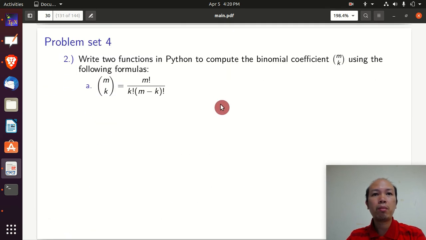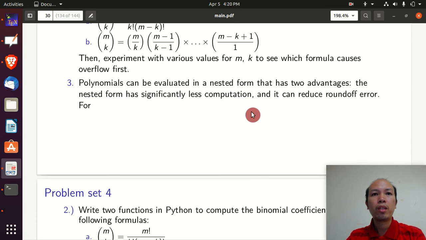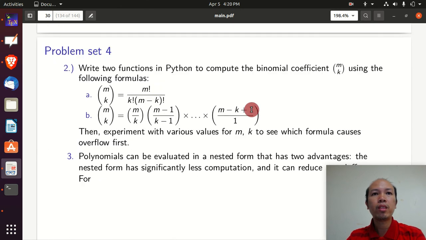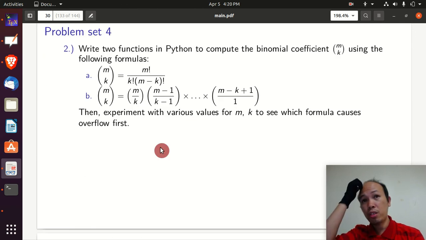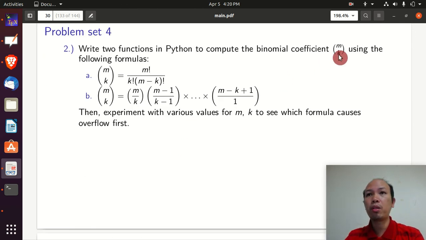For problem set number 2, we have here: write two functions in Python to compute the binomial coefficient using the following formulas. Then all you have to do is experiment with various values for m and k to see which formula causes overflow first.